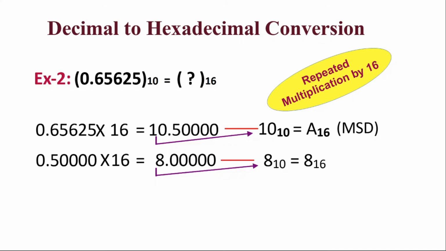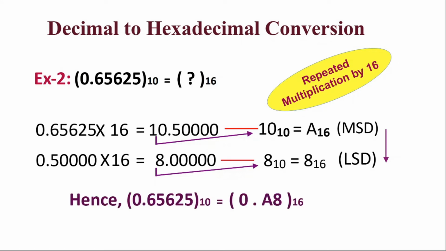The fractional part is 0 here, so 8 is the LST, and we have to follow the read down. So 0.A8 is the hexadecimal equivalent of the given decimal number.